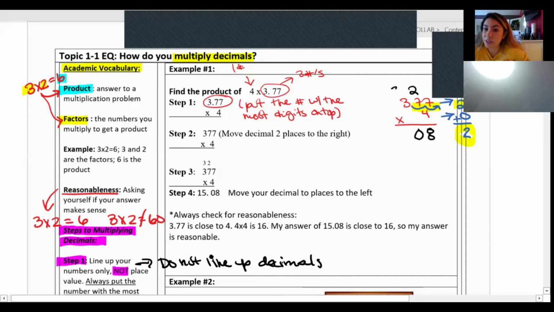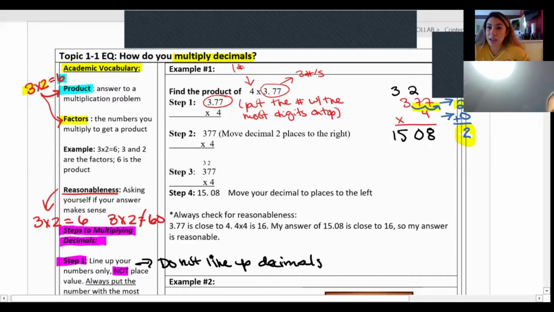So we put our 0 on the bottom, our 3 we carry to the top. 3 times 4 is 12, and we add that 3 to get 15. Now this is where that 2 in blue, circled in yellow, comes in. So we're going to add our decimal all the way to the right as we would if this was a whole number.